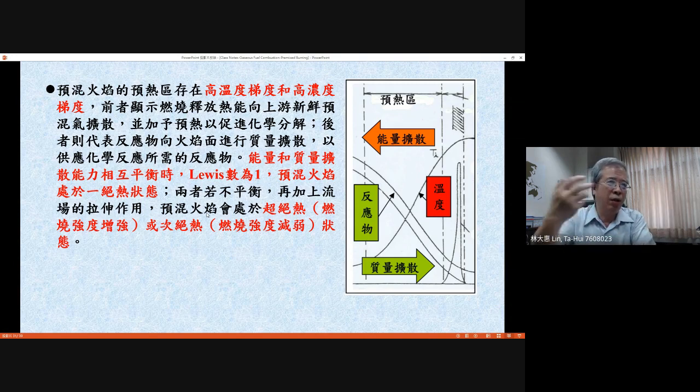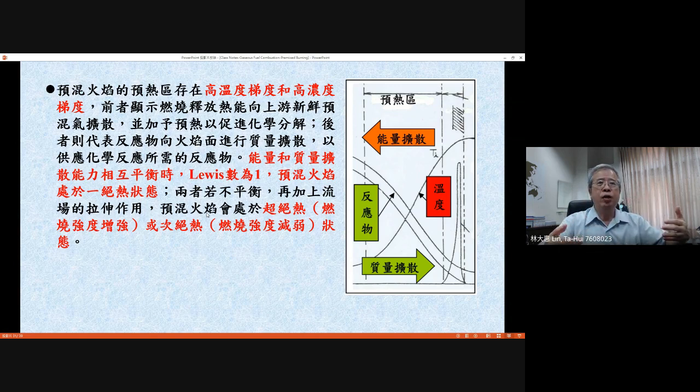You can say heat or mass or energy or thermal, depending, but they give you the same understanding. Okay, when heat diffusivity balances with mass diffusivity, then we call this Lewis number equal to 1. That means the strengths of the diffusivity of the molecules are balanced in this region.